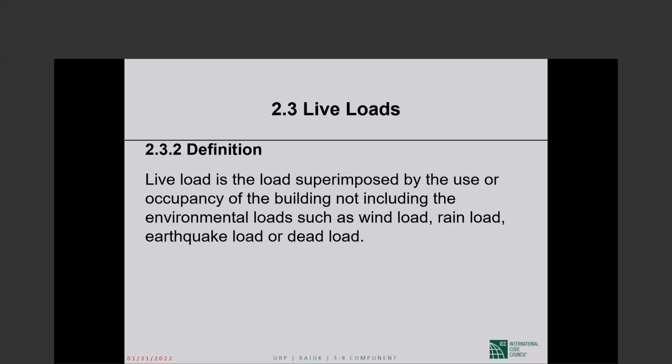Live loads are the loads that we impose on a structure as a result of the activities we carry on in the structure. We dance on the floors, that applies live loads. We sleep on the floors, that applies live loads. We take classes on the floors, that applies live loads. Okay, and that is the reason we are constructing our structure.